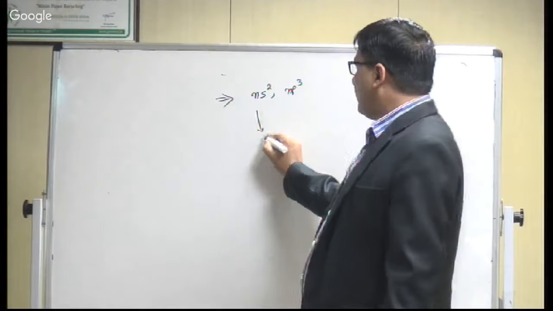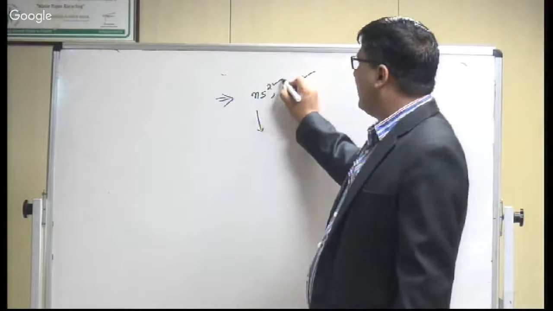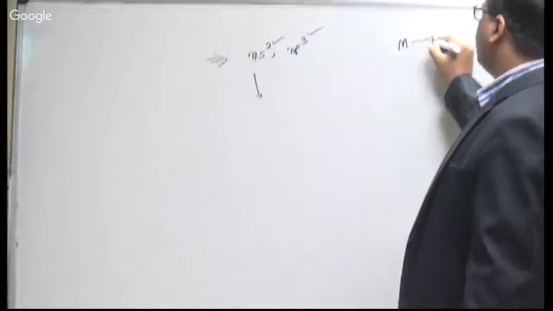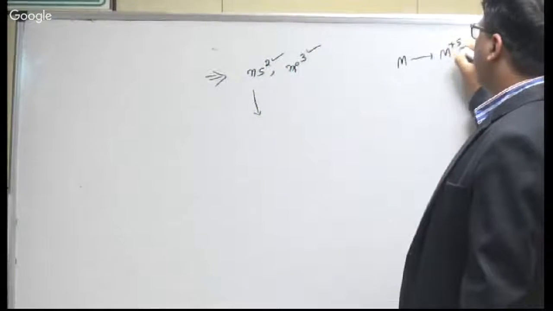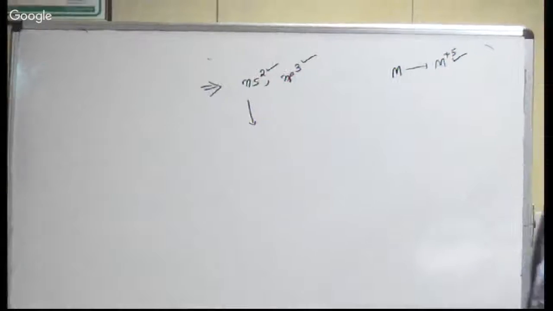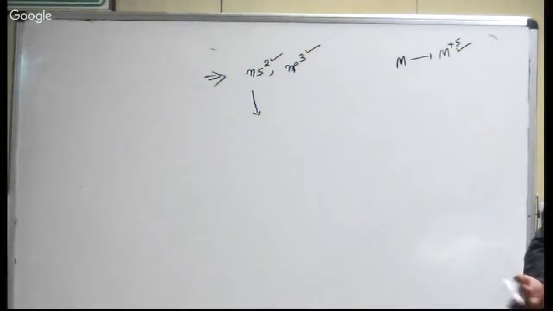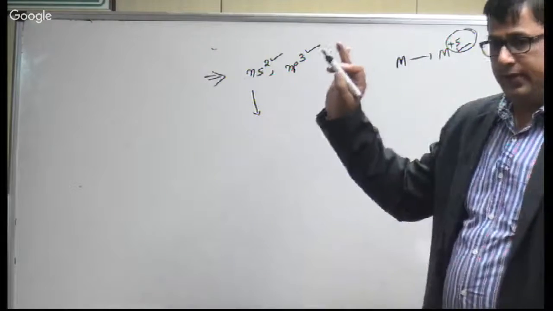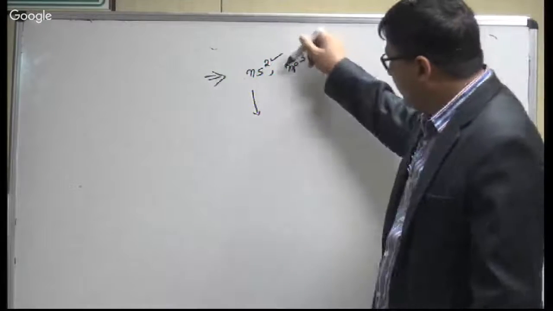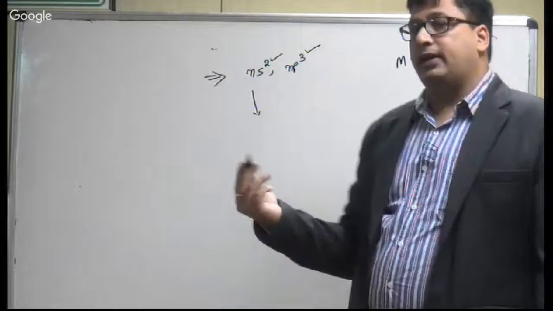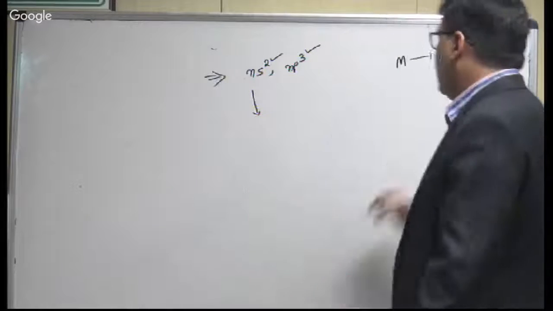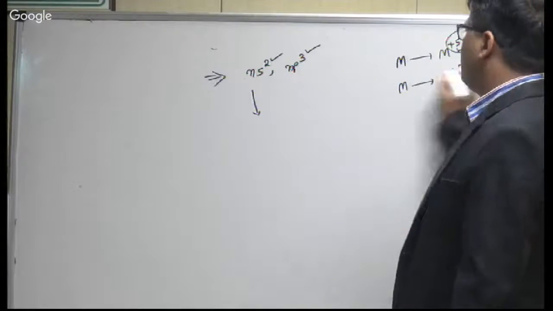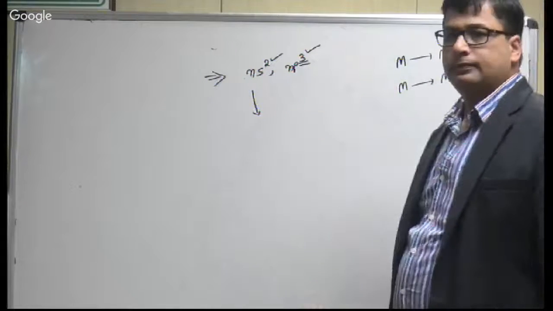One, it can lose all these 3 and 2 electrons. If it loses all 5 electrons, it is converted to M plus 5, and it gains the octet. So plus 5 is one oxidation state which we can get, right? Second thing is that as we move down the group, the inert pair effect is higher. In that case, it can lose these 3 electrons to convert to M plus 3. Okay?